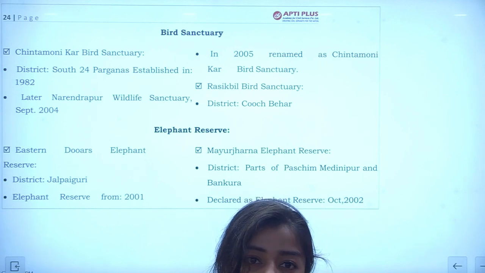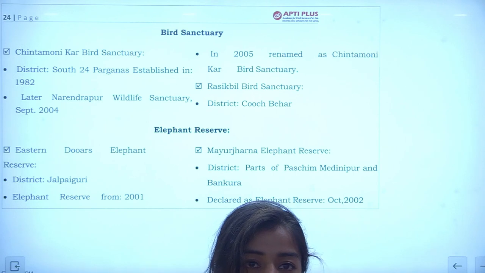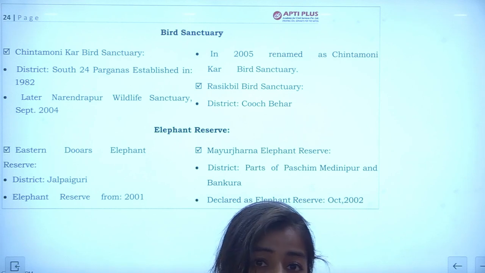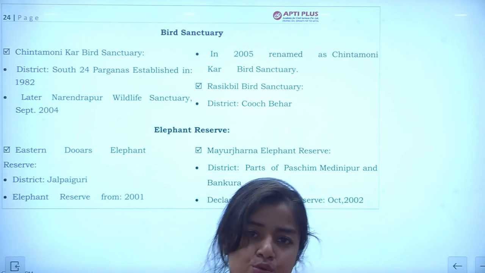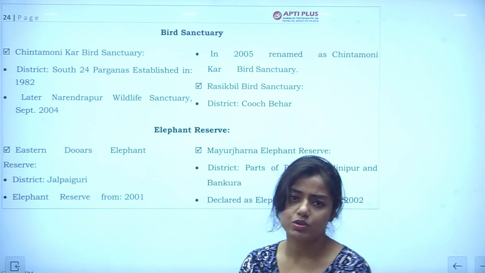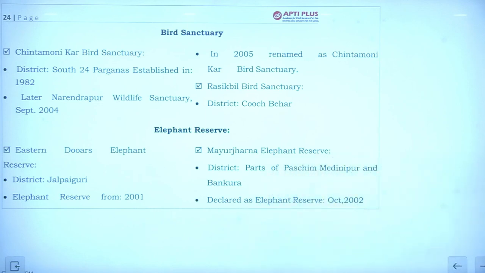These two bird sanctuaries are very important. Narendrapur Wildlife Sanctuary was later renamed. We have the elephant reserves; Mayur Jharna Elephant Reserve is very important. Just read through these. You need to know the names and the district in which each is found. This is enough for you.